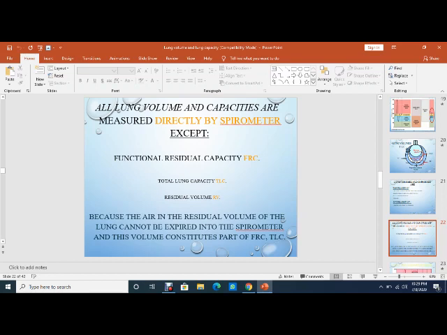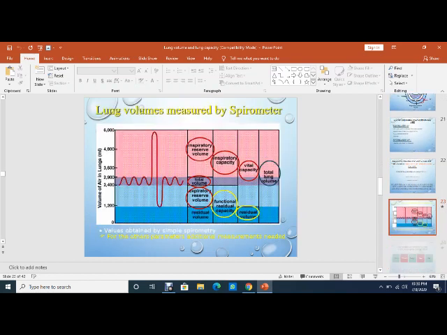So these volumes cannot be measured by spirometry. Which volumes? Functional residual capacity, total lung capacity, and residual volume.